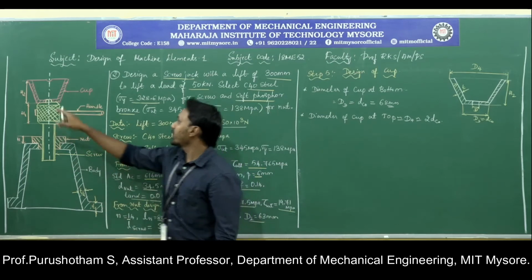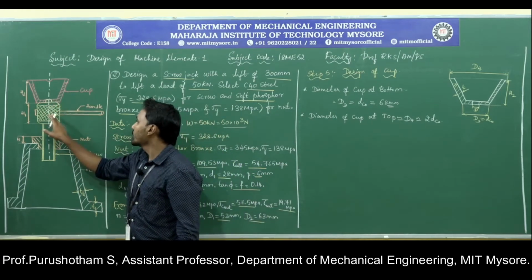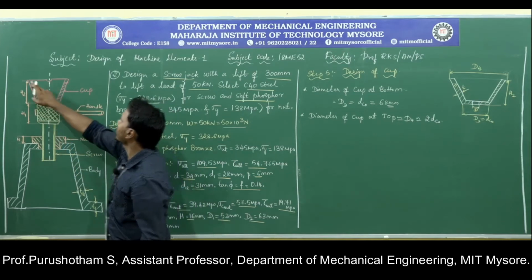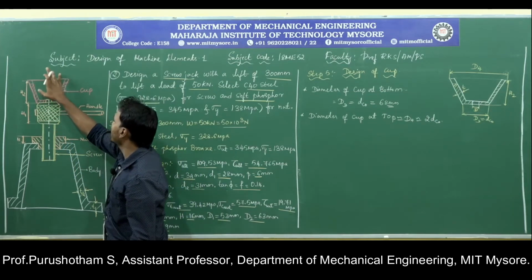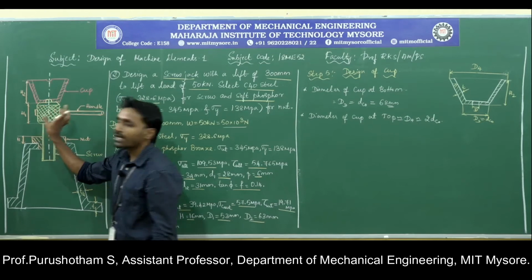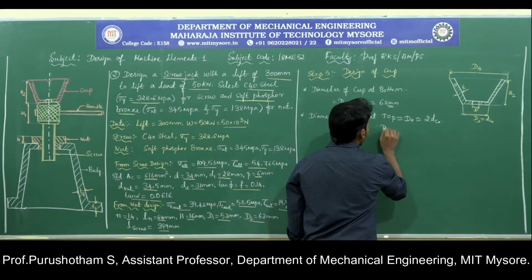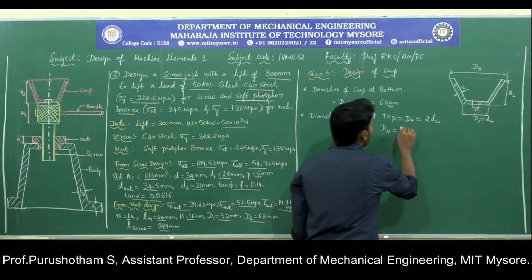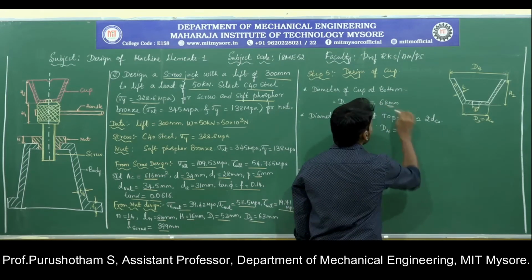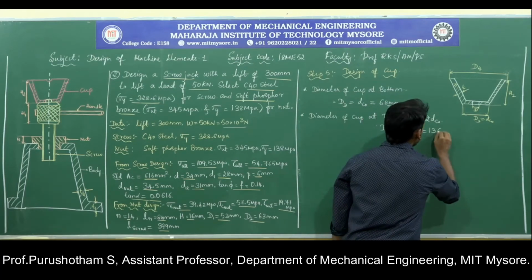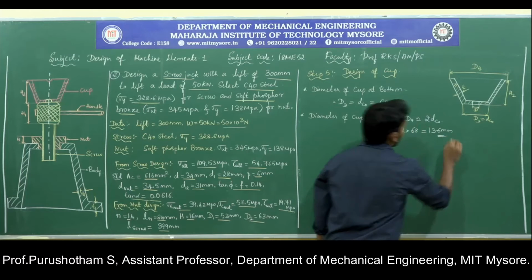So here the cup dimension is with respect to the screw head outside diameter, so D4 is approximately equal to 2 times the outside diameter of the collar. Hence D4 is 2 times 68, which is equal to 136 millimeter.